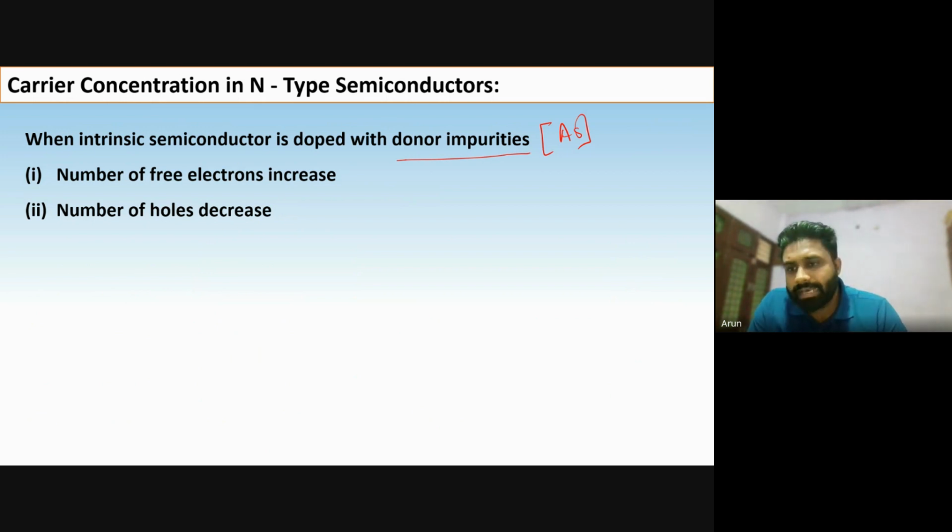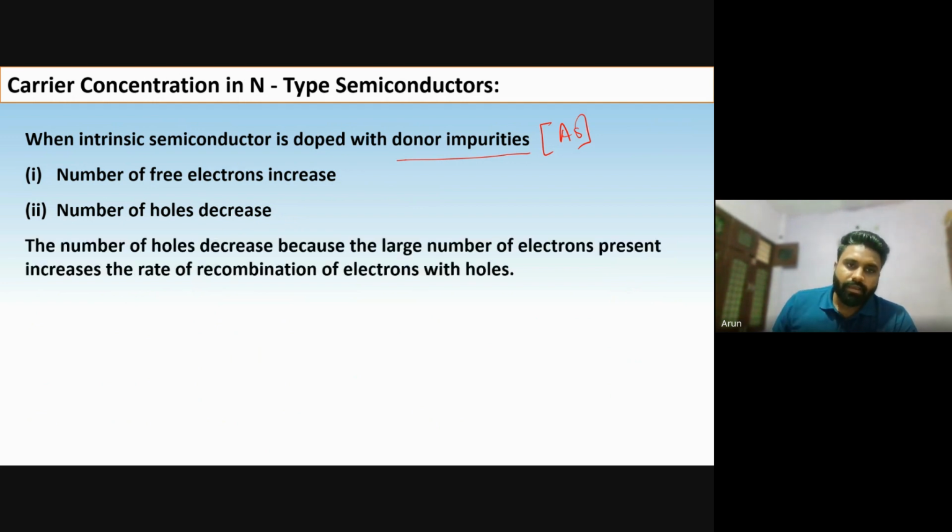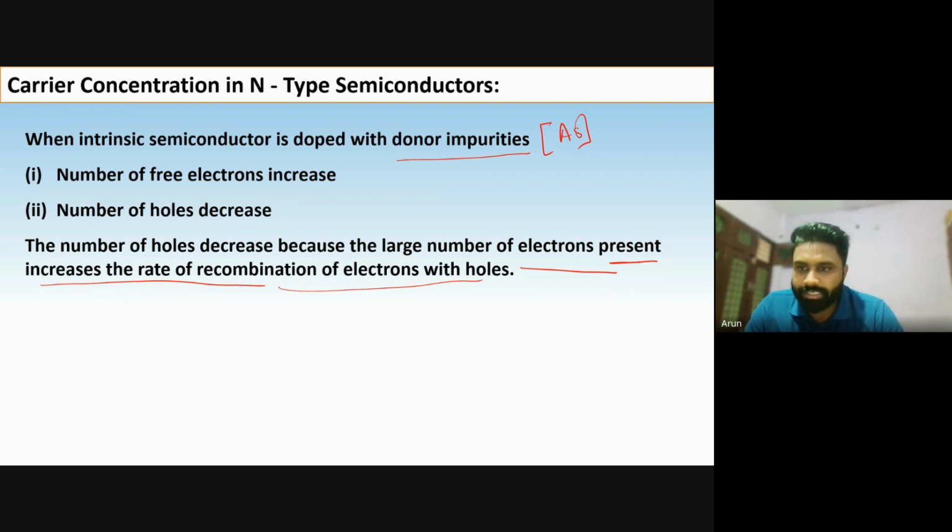Now, how is this happening? Because it can be possible that the free electron donated by this impurity will also fill one of the gaps, one of the energy level gaps created by breaking the covalent bond, which means there are a lesser number of holes than electrons. So number of holes decreases because a large number of electrons present increases the rate of recombination of electrons with holes, as I have already told you.